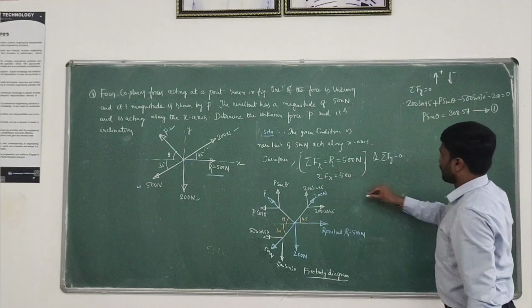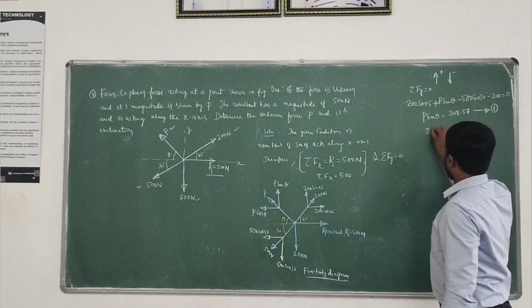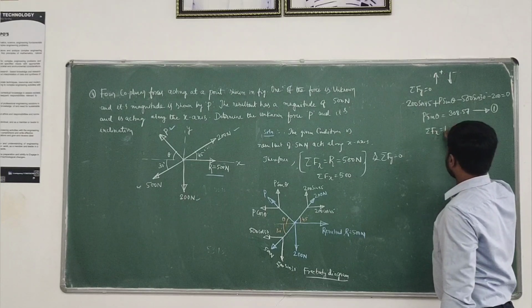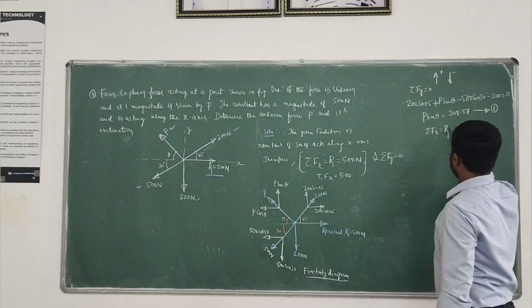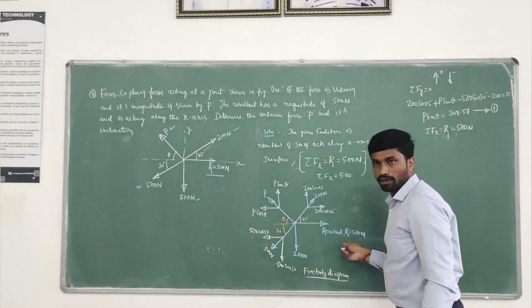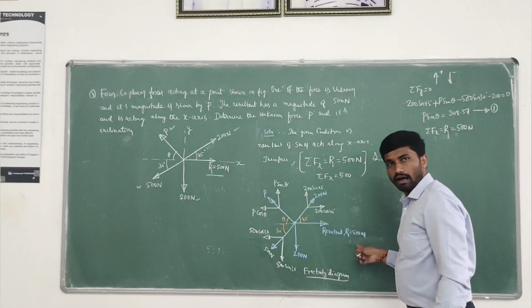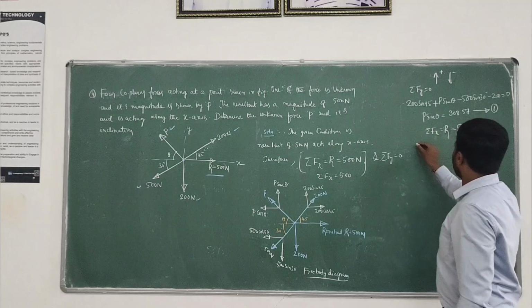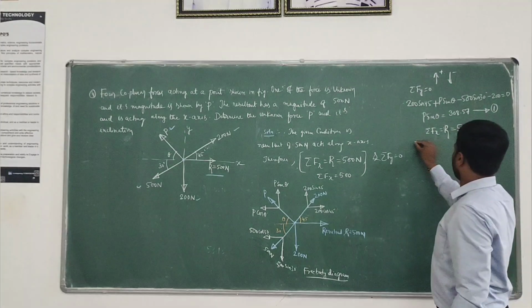Next, apply the second condition, sigma Fx equals R, that is the resultant, which is nothing but 500 Newton. It's given in the problem. So what is sigma Fx?